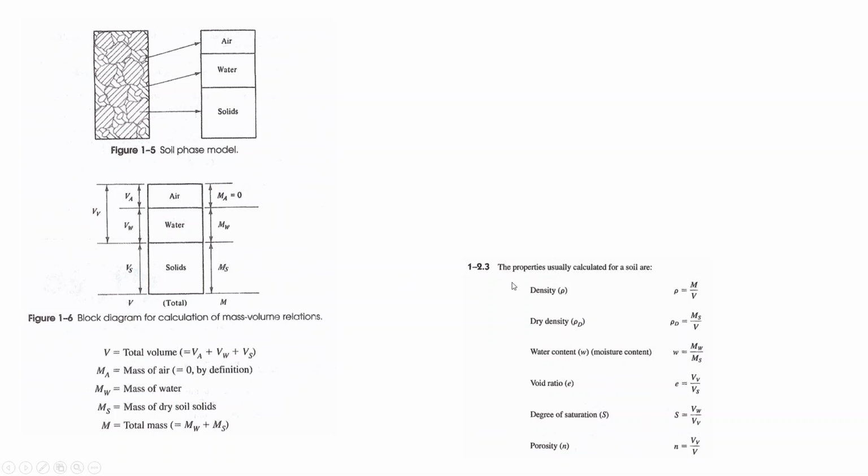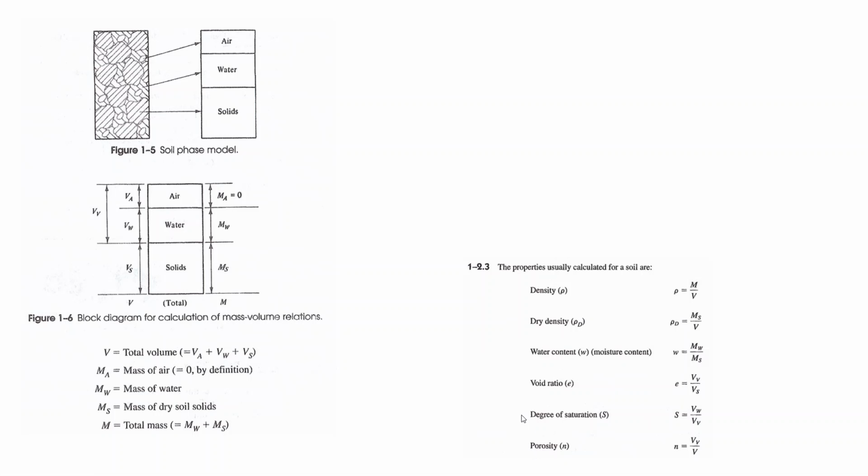These are the equations from page 6 of your textbook: density, dry density, moisture content, void ratio, degree of saturation, and porosity. Remember, I was really particular about wanting you to make sure you use the correct units when you're expressing one of these relationships.